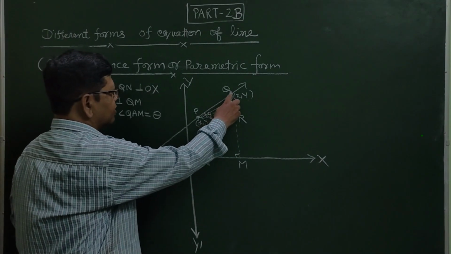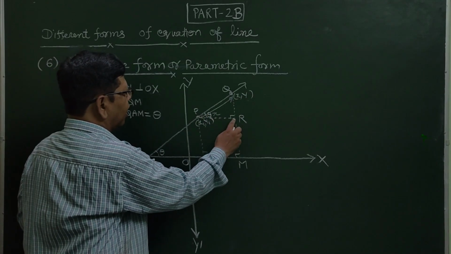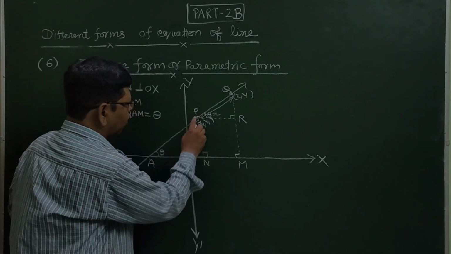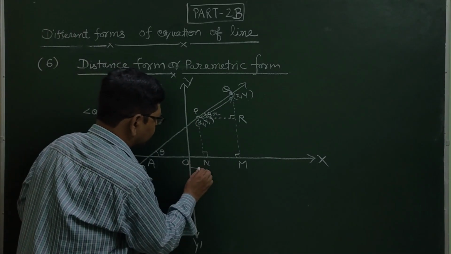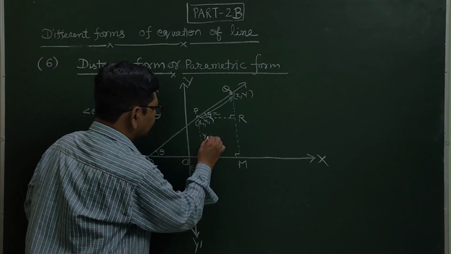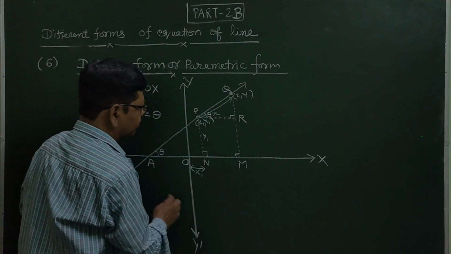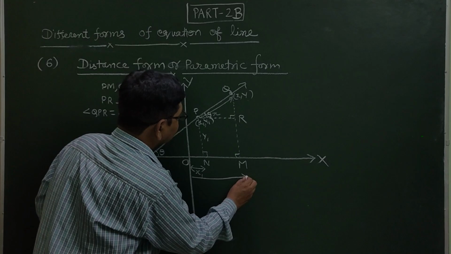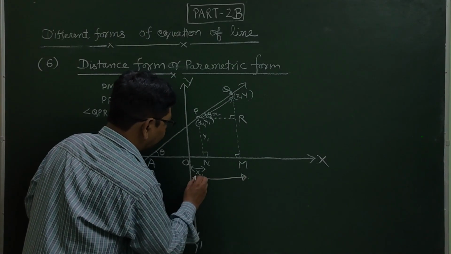Now let us consider this triangle PRQ, and this point P has the coordinates x1, y1. So this distance ON is x1 and this distance PN is y1. From the point O, the point Q has the coordinates x, y.